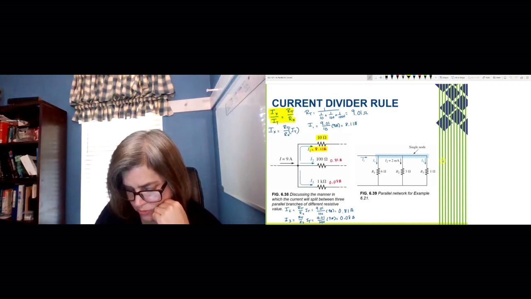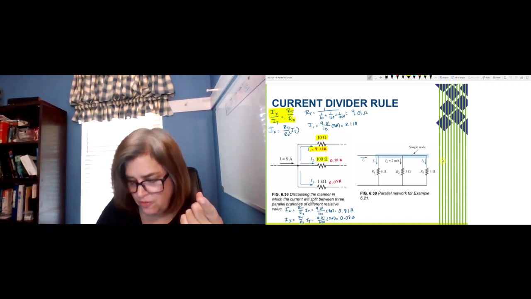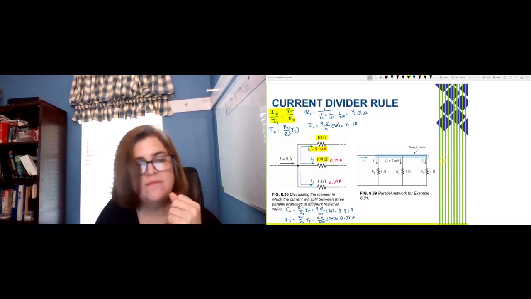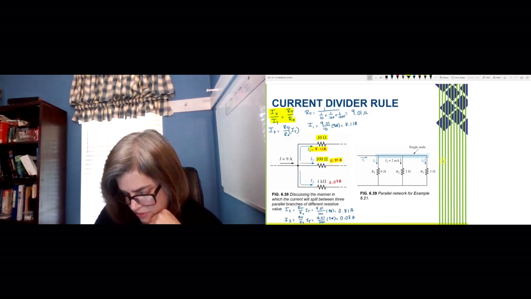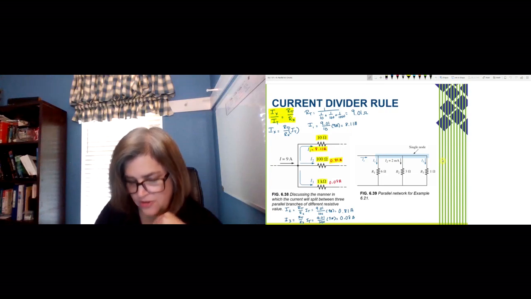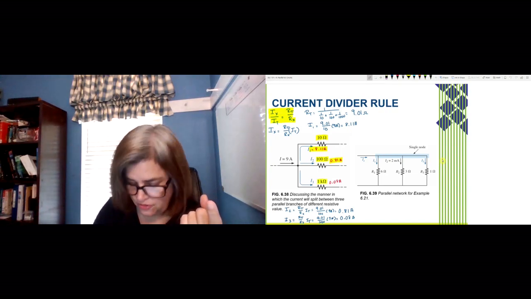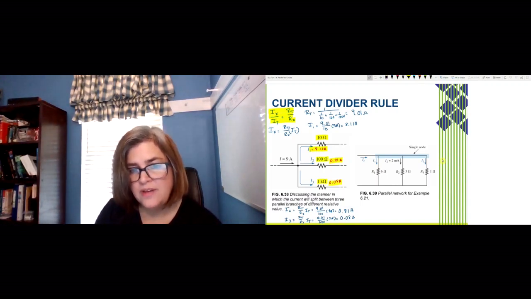So 100 ohms, which is 10 times our 10 ohm resistor, saw what? A tenth of that same current. And the 1000 ohm resistor, which is 100 times the 10 ohm resistor, saw about 100th of that current. So keep that in mind as we're working through this.